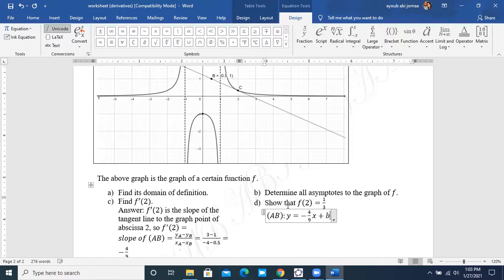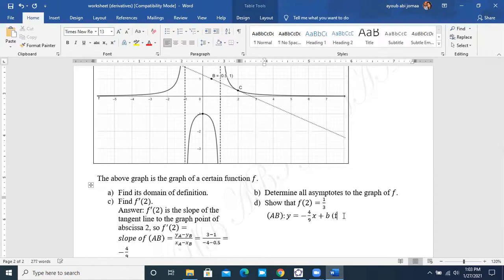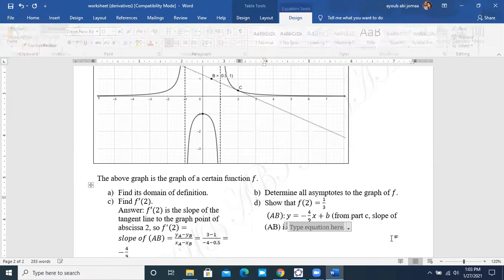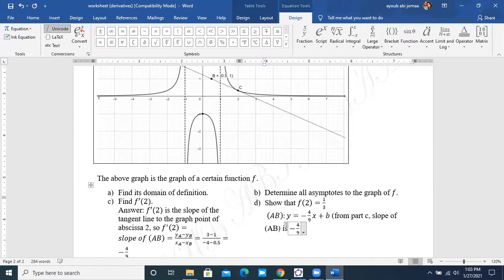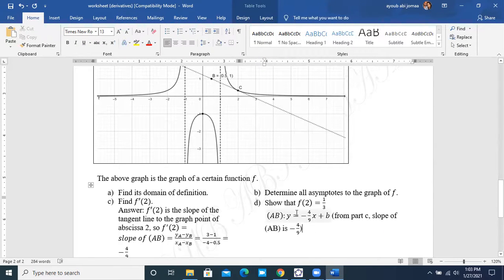We take one of the points to find b. The slope of line AB, which we found in part C, is negative 4/9. So the equation of the line will be y equal negative 4 over 9 x plus b. Now use a point on the line to find b.